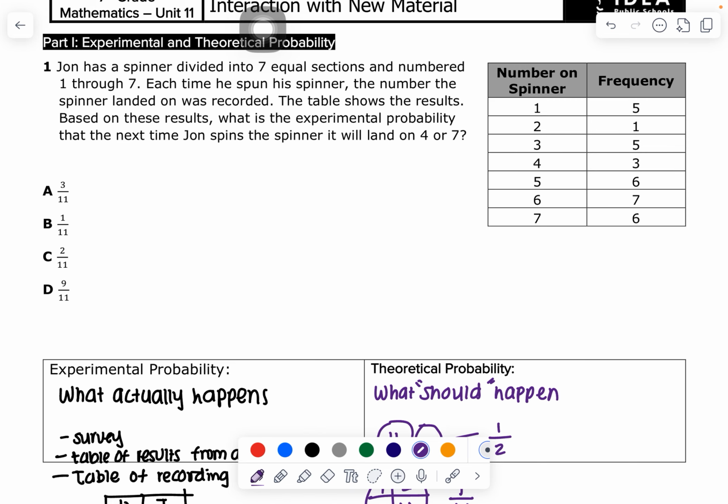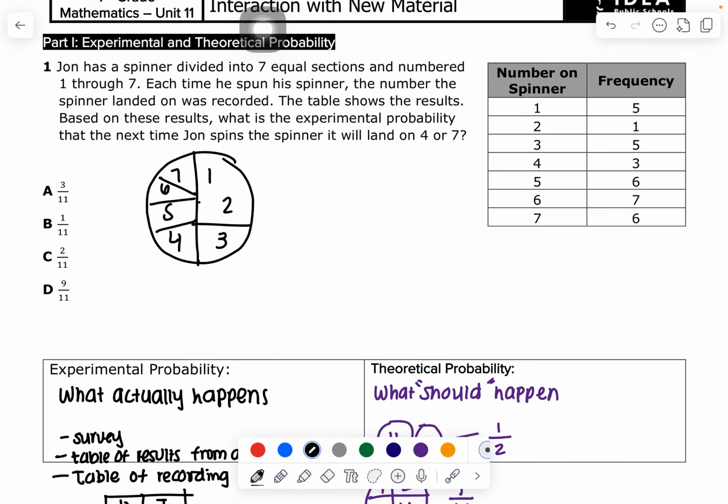Let's read the problem now. And make sure you're underlining what the question is asking us. John has a spinner divided into 7 equal sections and numbered 1 through 7. We don't have to, but we can make a little image here: 1, 2, 3, 4, 5, 6, 7.